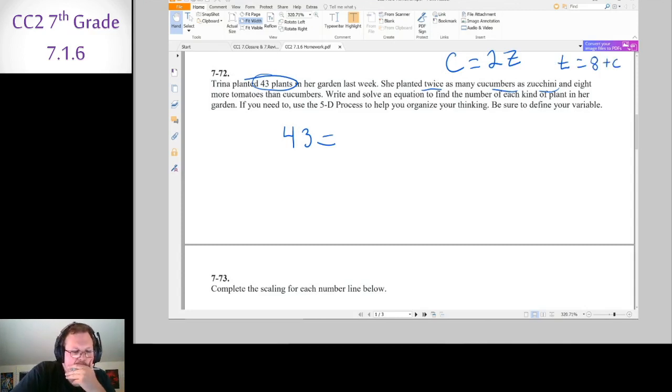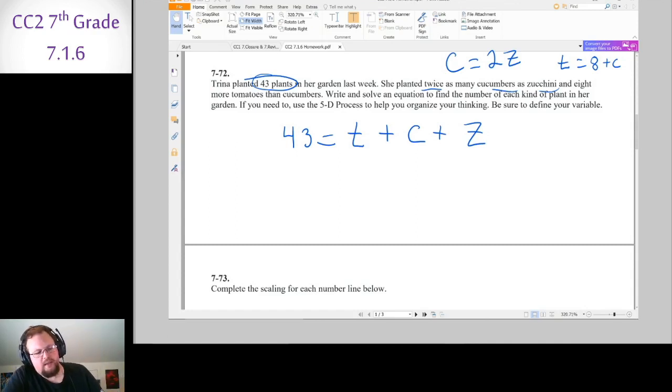And you're like, okay, so I know that 43 is a combination of tomatoes and cucumbers and zucchini. All 3 of those things are together, and then your goal is to try and figure out a way to relate all 3 of those things together.